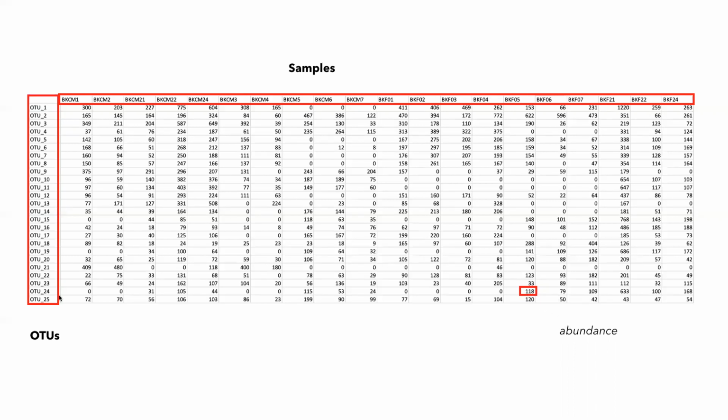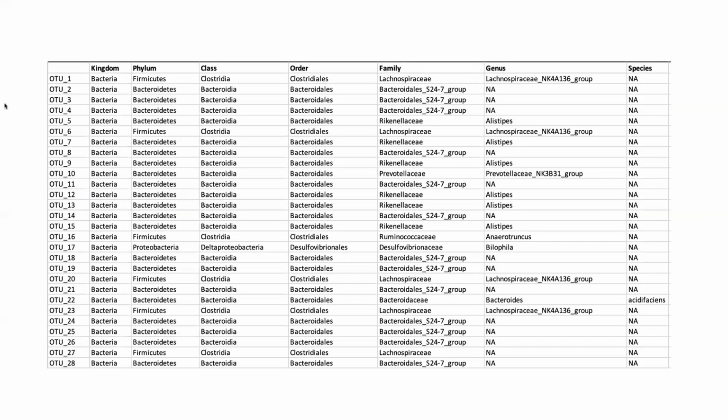These are operational taxonomic units, OTUs. And for each OTU, we have the taxonomy. The taxonomy is really putting them into each group. We can see that some levels of taxonomy are not very useful, and some are more complete, more useful.